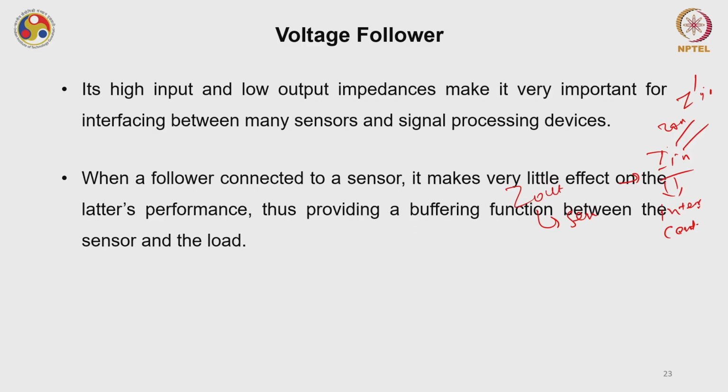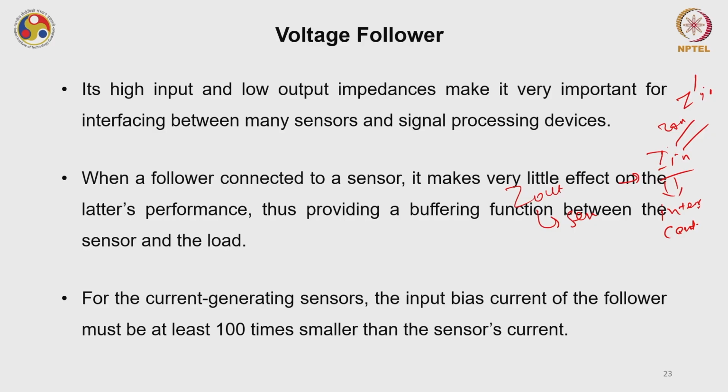When a follower is connected to a sensor, it makes very little effect on the sensor's performance. Therefore, it provides a kind of buffering function between the sensor and the load. Because it can have a very high input impedance, it is actually not loading your sensor. So, therefore, I mentioned that it actually acts as a buffer.